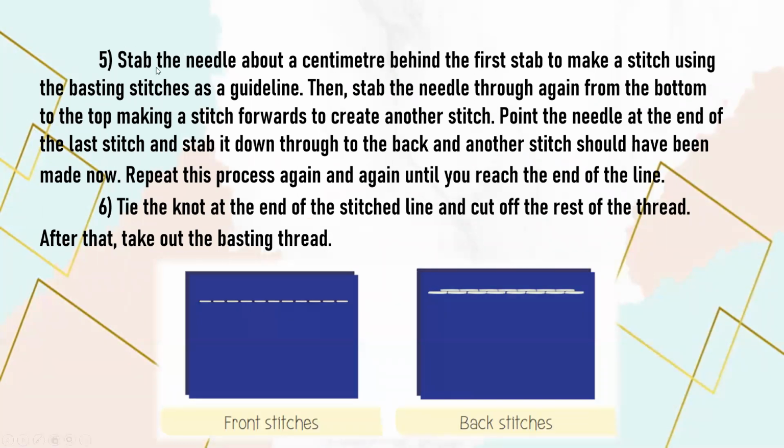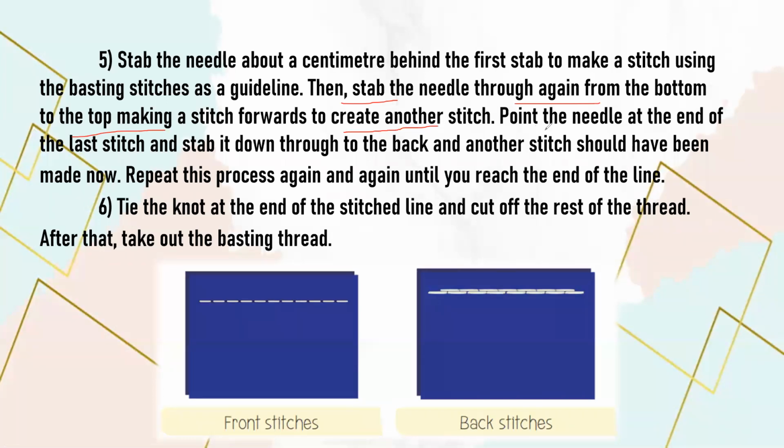All right, so stab the needle about a centimeter behind the first stab to make a stitch using the basting stitch as a guideline. Then stab the needle through again from the bottom to the top, making a stitch forward to create another stitch.